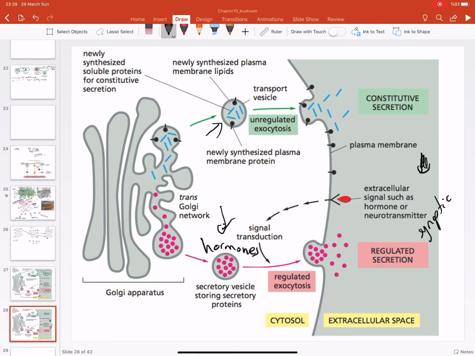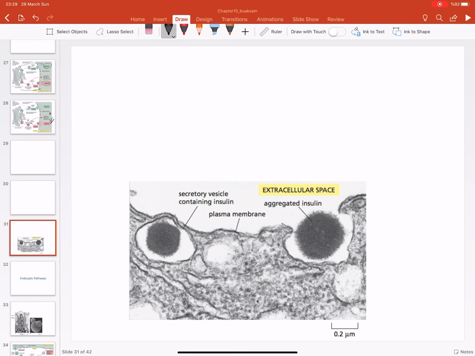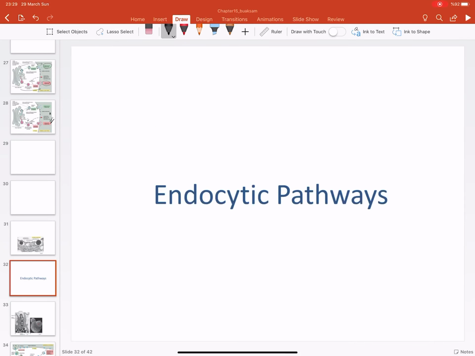Of course, they're released to the synaptic cleft in a very well regulated way. They are regulated by the action potential. So this is a very nice example of regulated transport. And in this case, you see a hormone secretion, which is the insulin secretion, that is communicating with the body whenever they need this hormone.